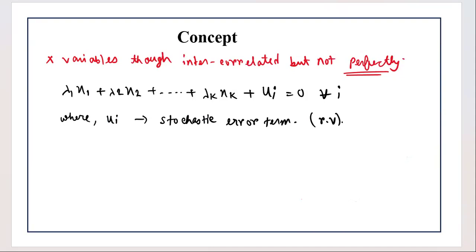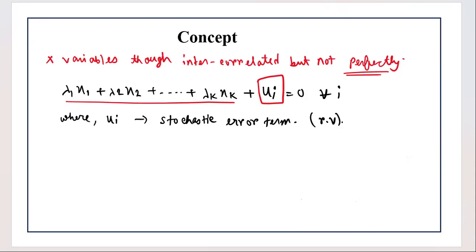Stochastic means probabilistic. Stochastic error term means ui is a simple random variable which has some probability distribution. Now, if ui is non-stochastic, then again we would get an exact relationship, right? If ui were a fixed value, then this relationship and the previous relationship that we have discussed would be no different, because it would come to the right hand side and again the correlation coefficient will be 1.